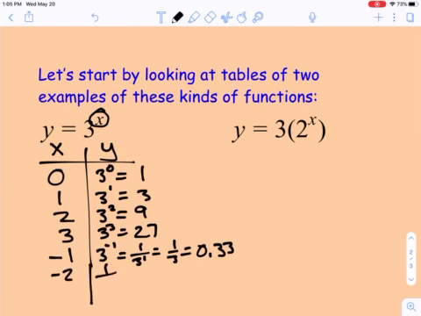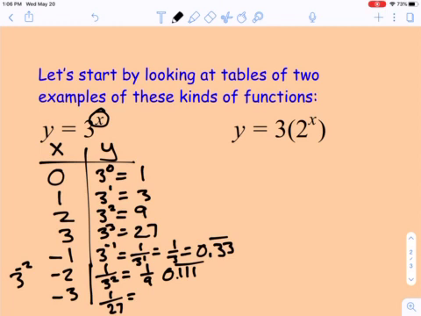You're going to get 1 over 3 to the 2 power, because that's the same as 3 to the -2. And that's 1/9, which is 0.11 repeating.